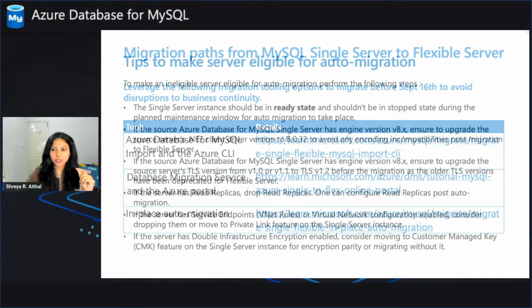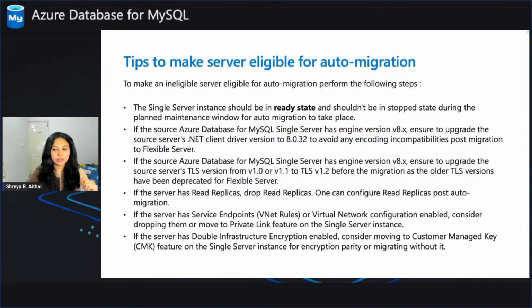So here's what you'll need to do. I'm not going to read out all the tips, but take a note, take a screenshot, take a picture if required, or you can always look back at our recording later. But here is how you can make your server eligible for auto migration. And if you want your auto migration to be scheduled immediately, all you have to do is raise an Azure support ticket and let us know that you want to kickstart the auto migration.